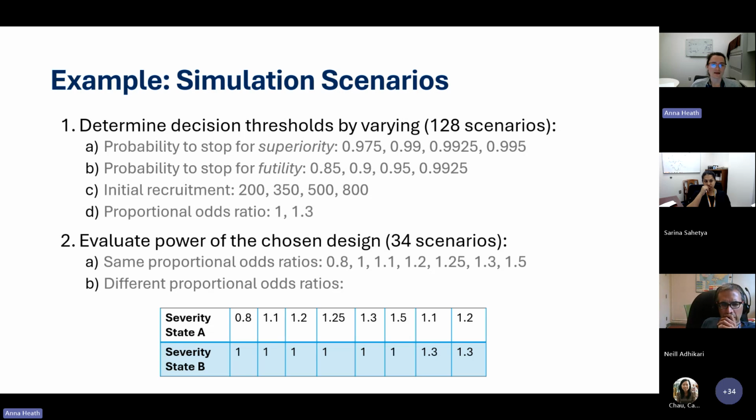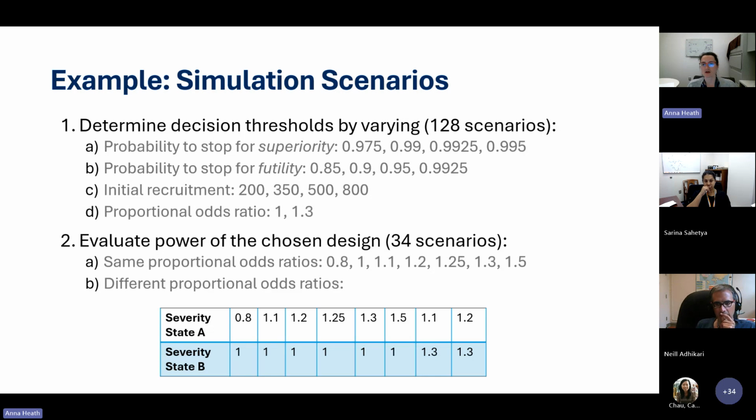We also had 4 levels for the initial recruitment, 200, 350, 500, and 800. And we calculated this with a proportional odds ratio of 1 for the null effect, so when there's no effect of the intervention, and 1.3, which is a positive effect of the intervention.